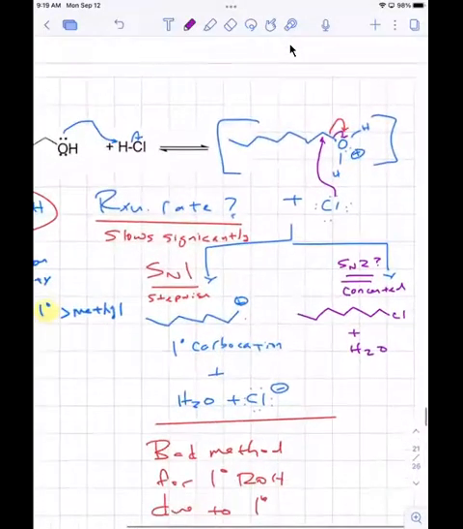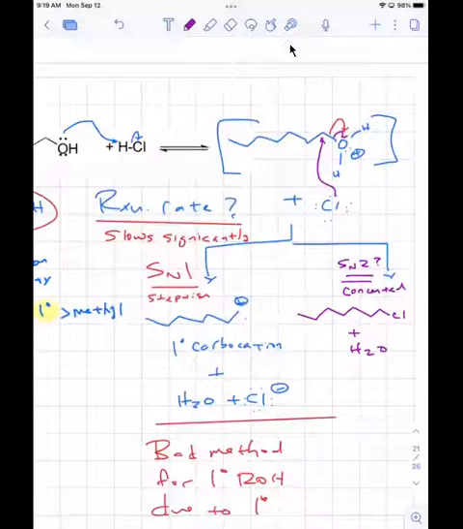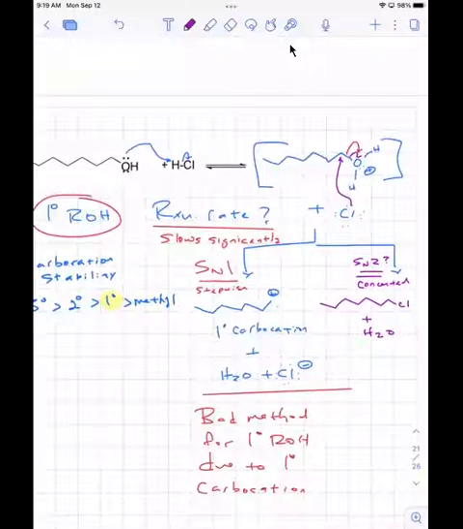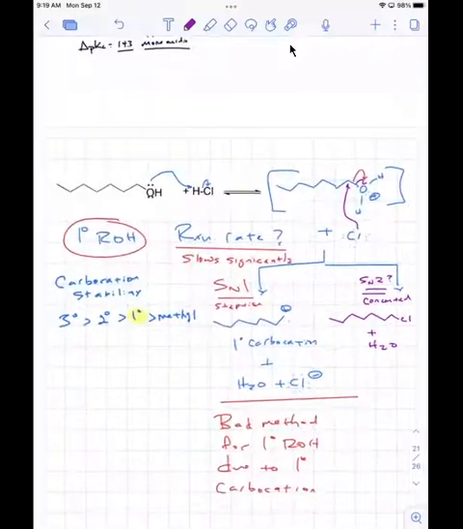The concerted pathway would be faster, but more than likely this reaction is just going to be a brick, because of the reagents, the HCl. You're going to have this carbocation intermediate that will not want to form, so the reaction will probably slow down to nothing. That's why I asked about the reaction rate.